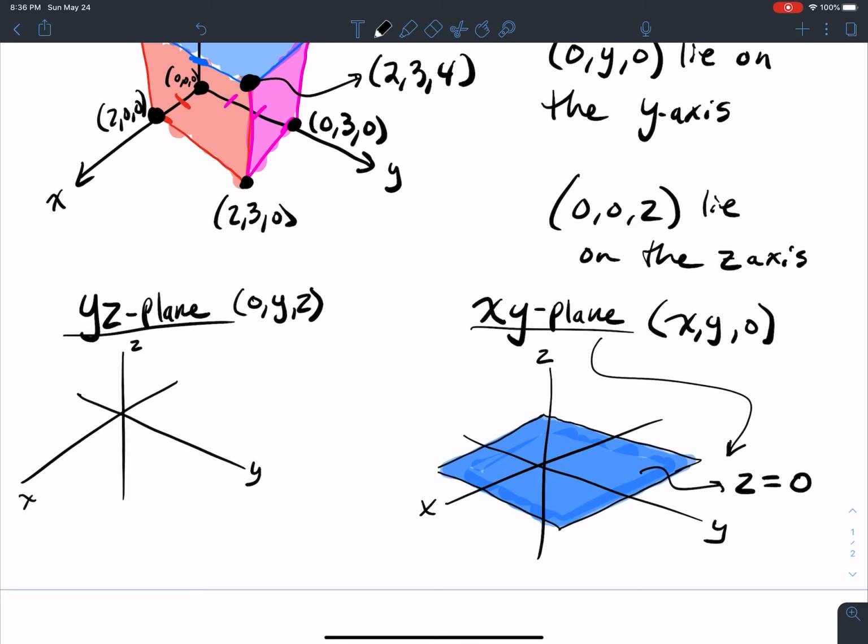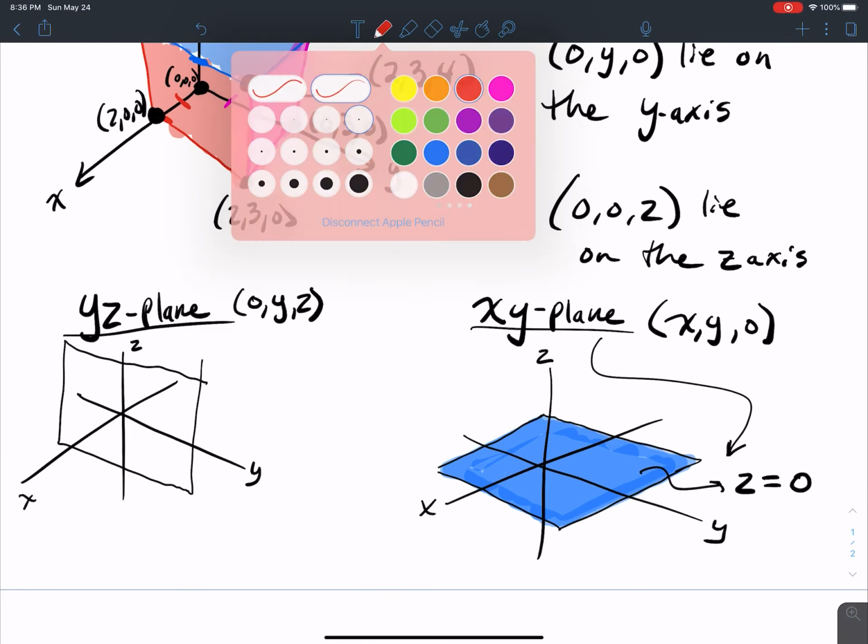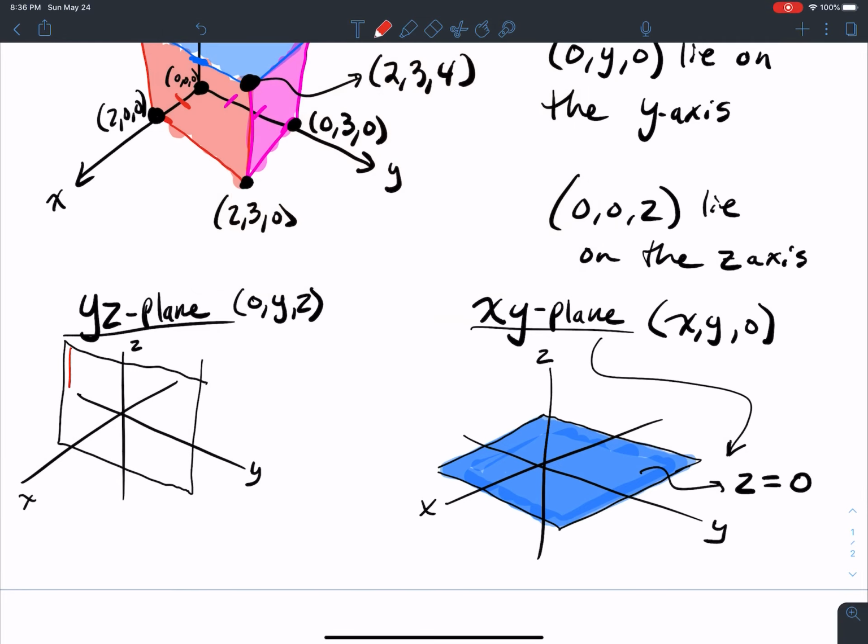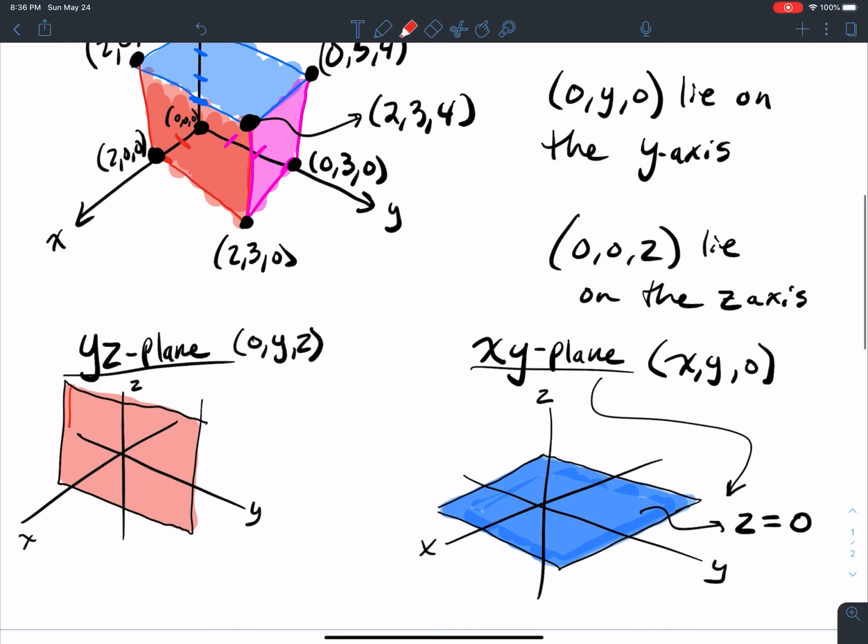The yz plane will be like this sheet going through just like that, like this red here.